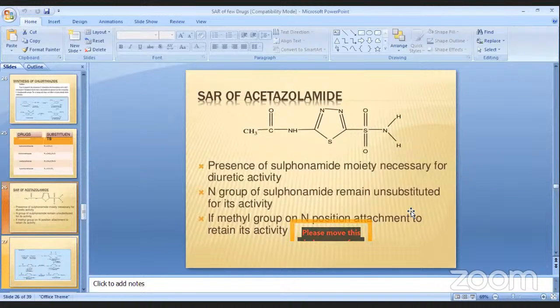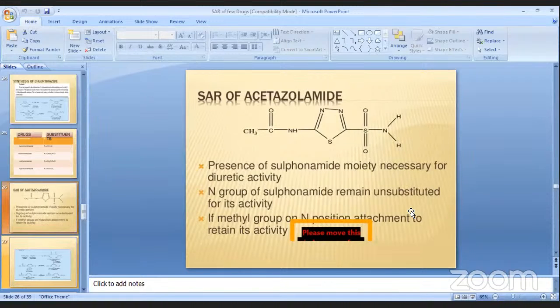Next, one heterocyclic ring, the thiazole ring, is attached, and some aromaticity is needed. If it is not aromatic, then there will be no activity.